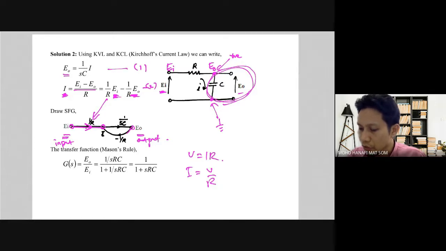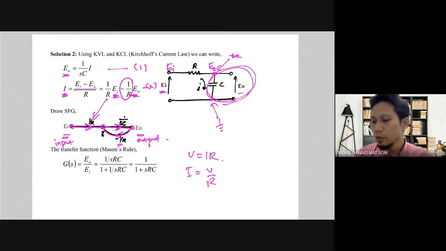I is contributed by E naught, so we have negative 1 over R. And then the last one, from equation 1, E naught equals 1 over SC times I. The relationship is that E naught is contributed by I, so we have 1 over SC.